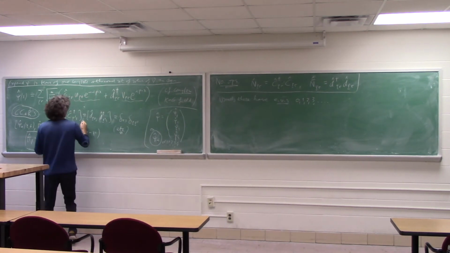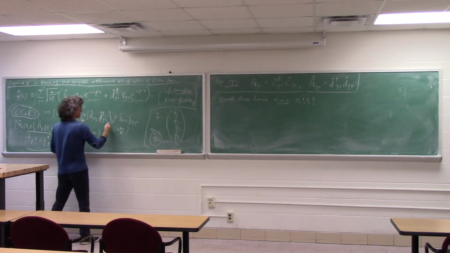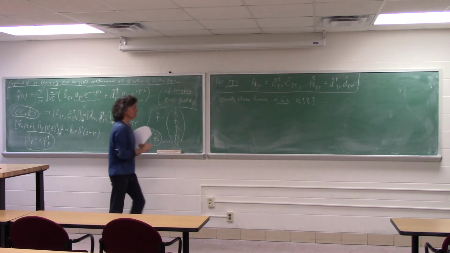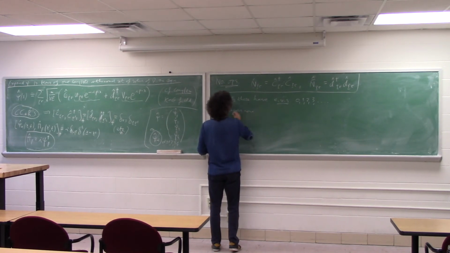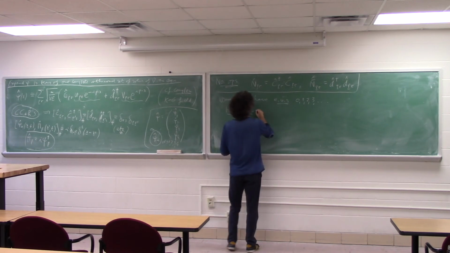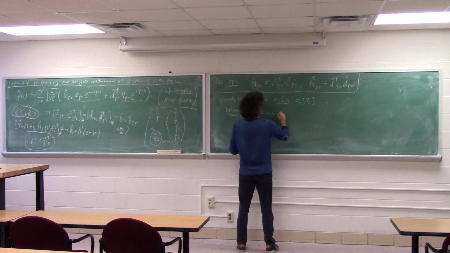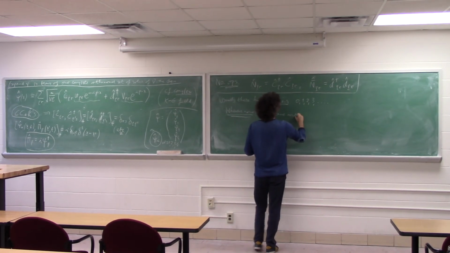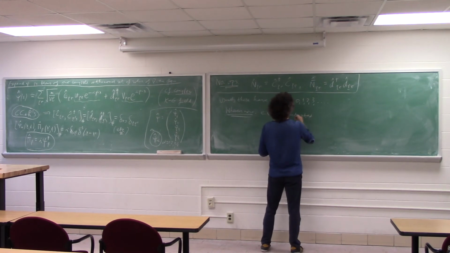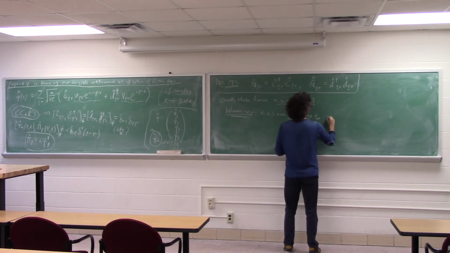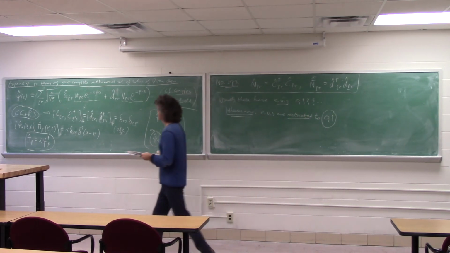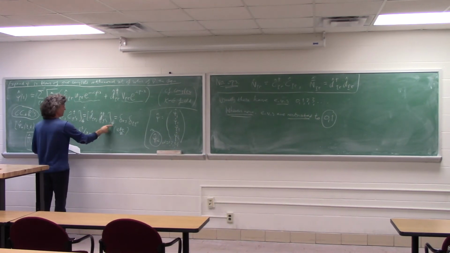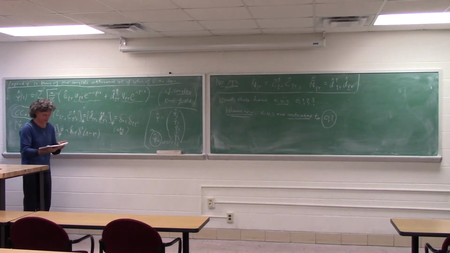If instead I have the anti-commutators here, it turns out that the eigenvalues are restricted to 0 and 1. That is the effect of these having anti-commutators here.